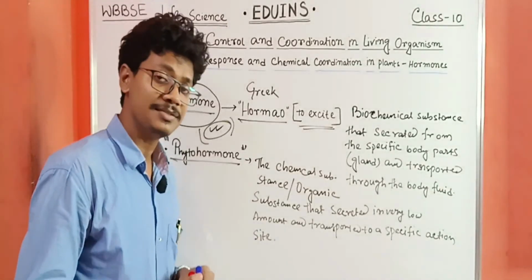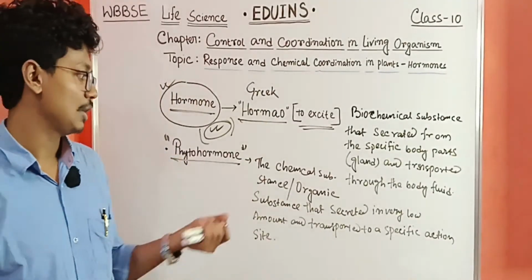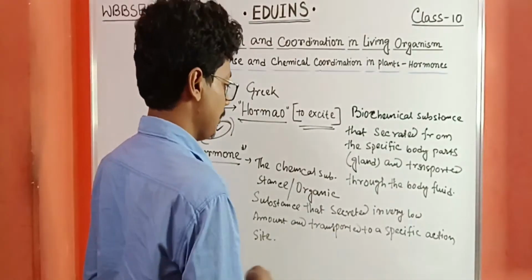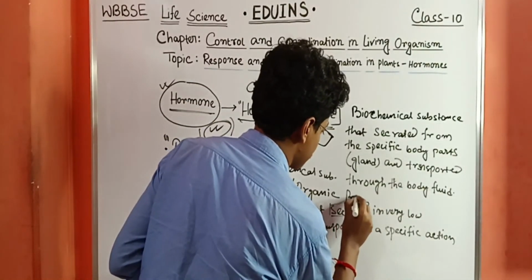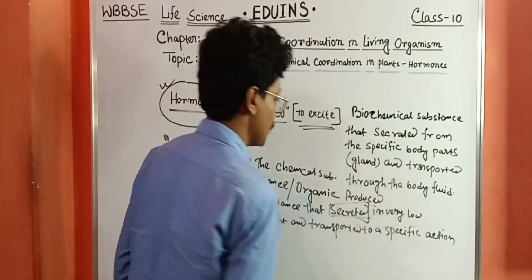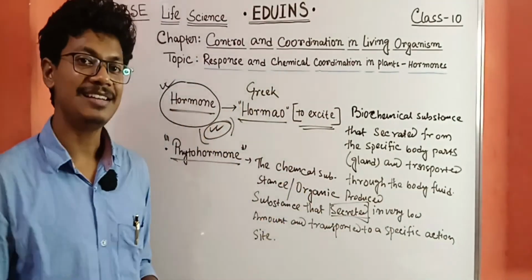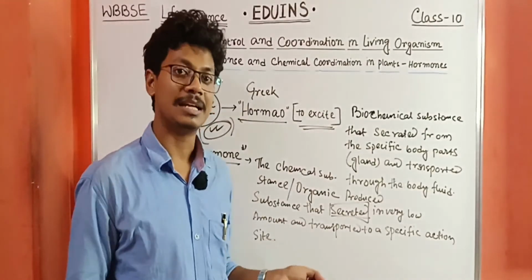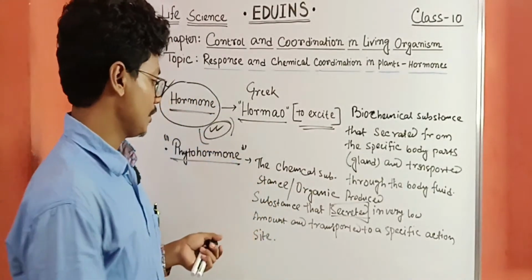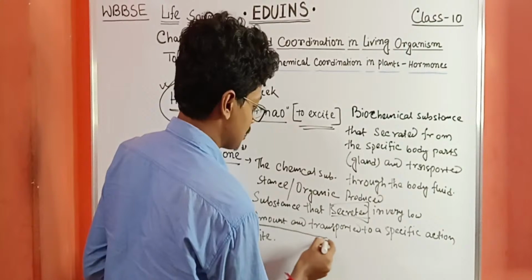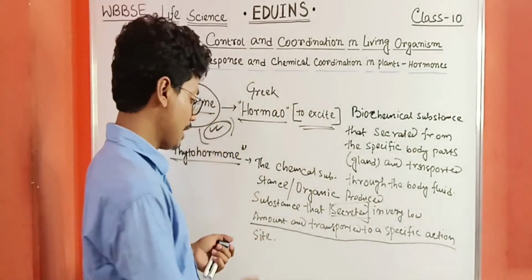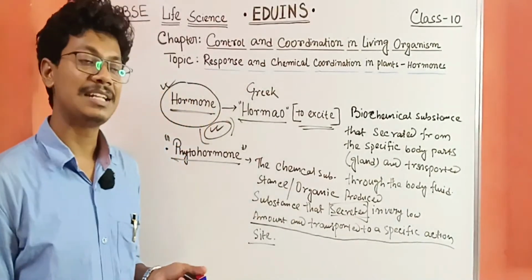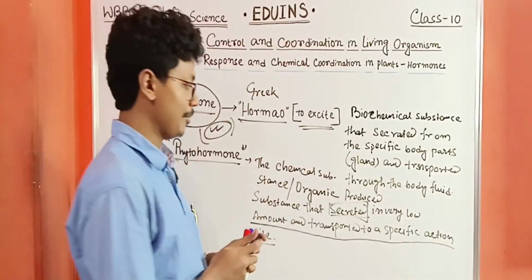Phytohormones are organic substances that are produced in specific parts and get transported with the body fluid, that is cell sap, through the plant transporting system, that is the conducting tissue, and reach the active site or action site of the plants.